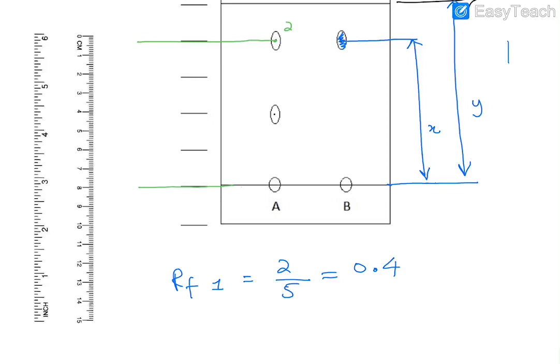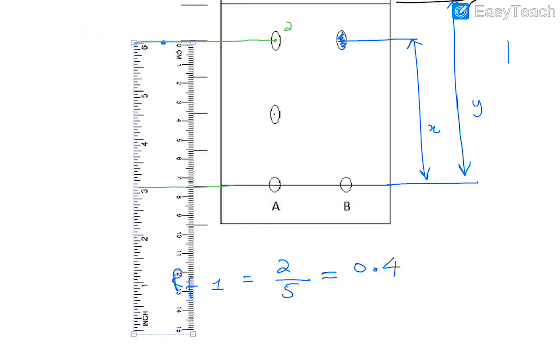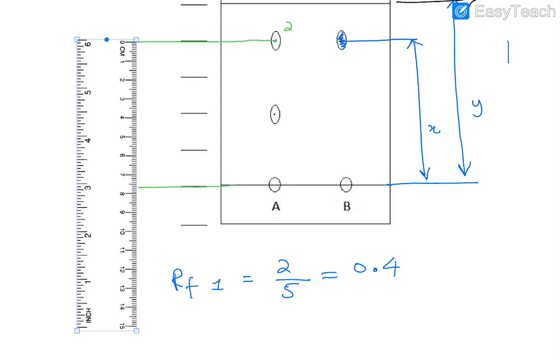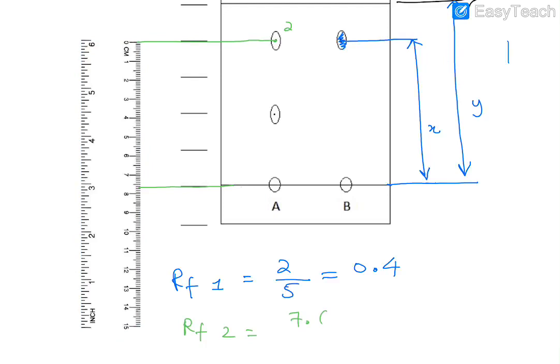If you're not given the graduations on the paper, you use your ruler. So you put your ruler here, and make sure you're taking the distance well. So this is 7.6. This is on the ruler that I'm using. When you do it on paper, the measurements will be different.